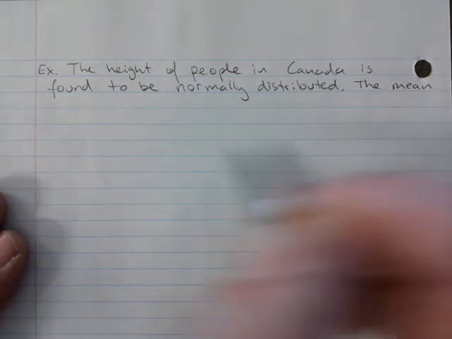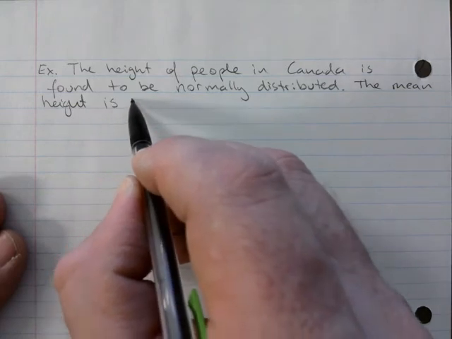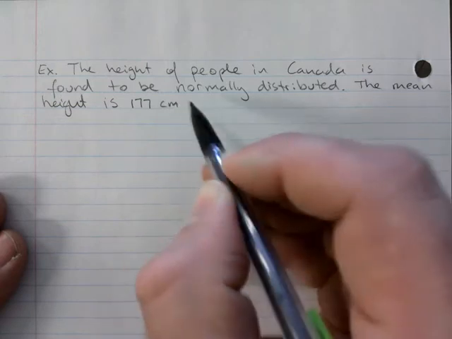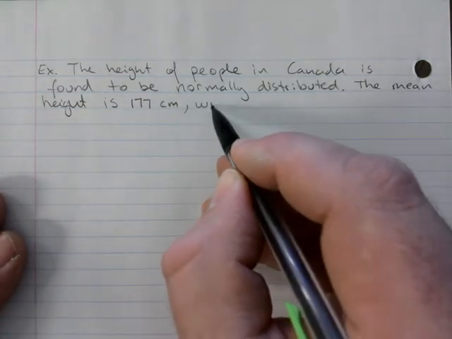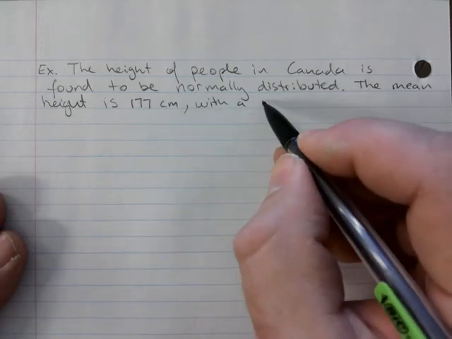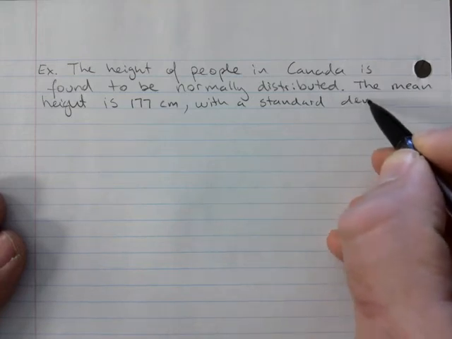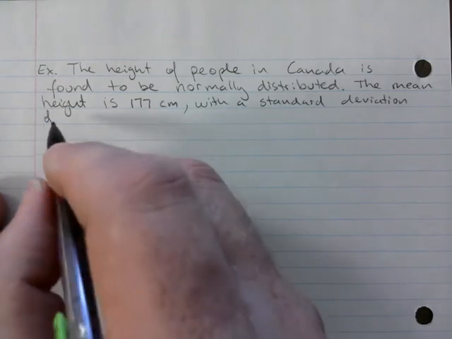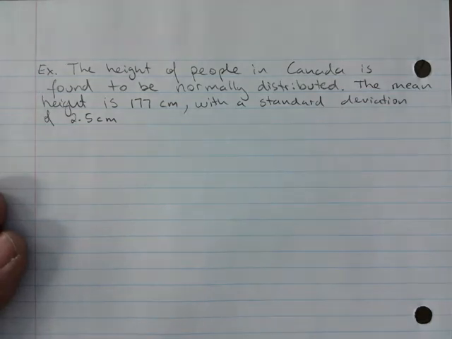The mean height is 177 centimeters with a standard deviation of 2.5. And this could vary. The numbers can have decimals, you name it.